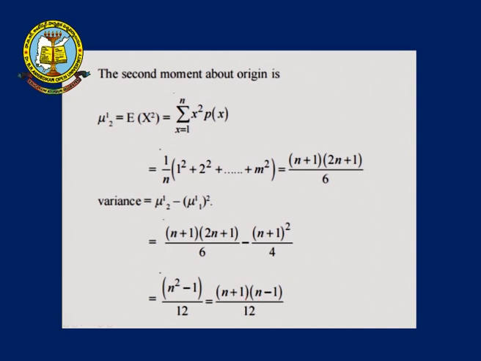Okay. So, now you have identified the mean and variance. The mean is n plus 1 by 2 and the variance is n square minus 1 by 12, or n plus 1 of n minus 1 by 12. These are the mean and variance of the uniform distribution. That is the important property of the uniform distribution.